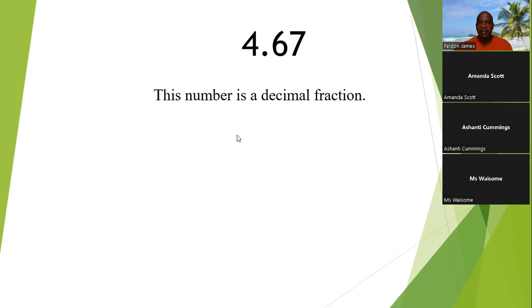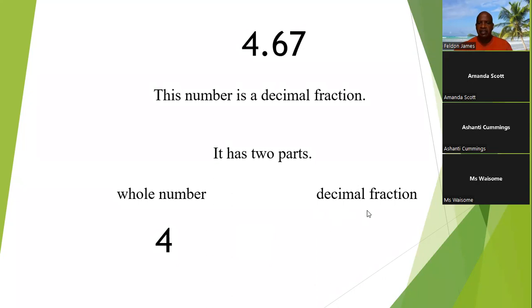All right? So this number is a decimal fraction. Now it has 2 parts. It has a whole number part, which is 4. It has a decimal fraction part, which is 0.67. Now, if you are to convert this into a regular fraction, what would you do?